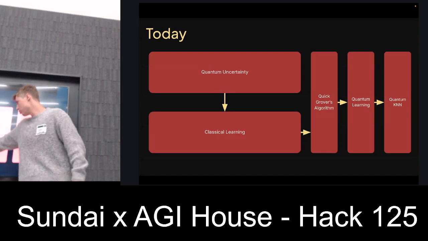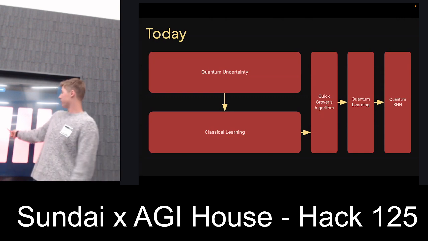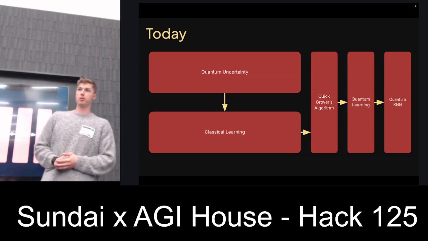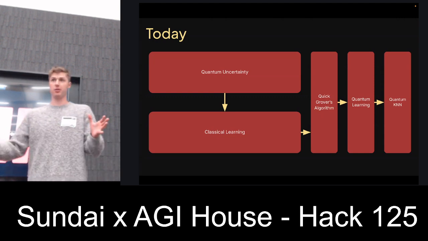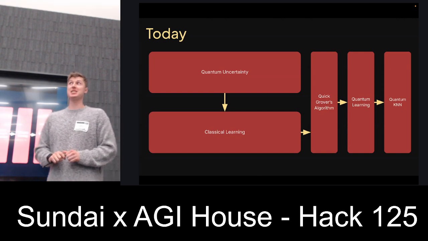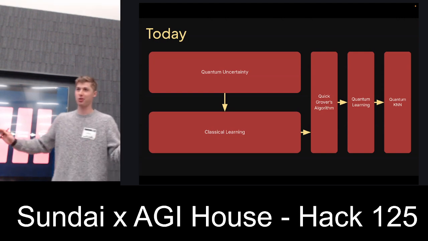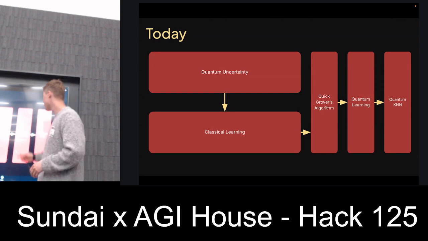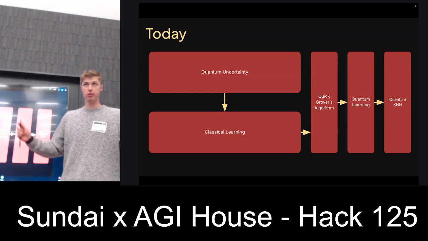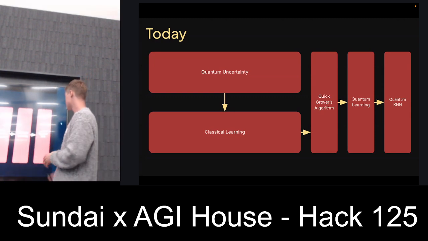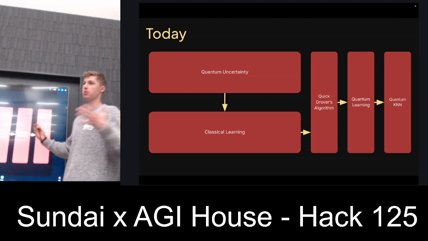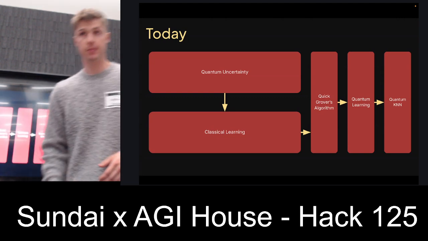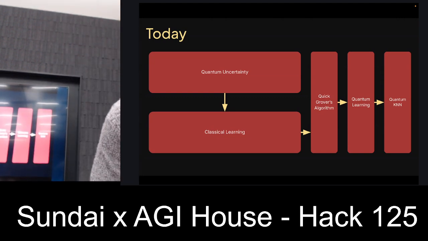Then we move away from classical learning for a moment and we talk about Grover's algorithm. Grover's algorithm is a search algorithm. And we'll get into some fun misconceptions about what Grover's algorithm might do and what quantum mechanics can provide. Afterwards, we'll talk about quantum learning, which is what you're all here for. And then we'll see one example of what quantum learning might look like in a quantum KNN. All right, let's get to it.